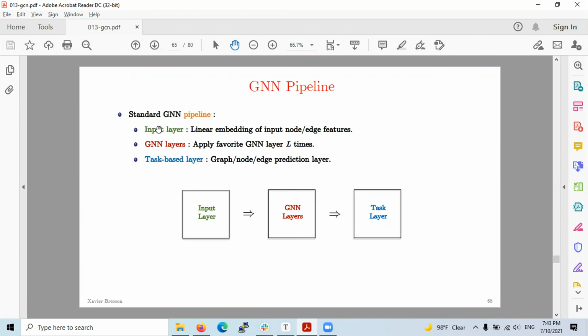We have an input layer, which embeds our nodes into features, our edges into features, our graph itself into features. And then you have GNN layers, which you apply L times. Again, I'm still trying to make that analogy: do we have VGG type architecture definitions for graph neural networks?